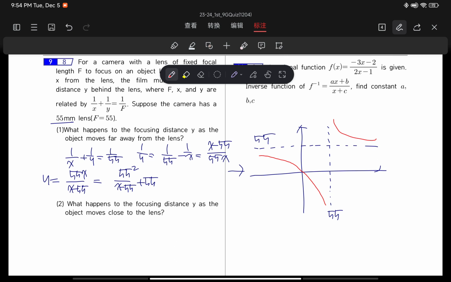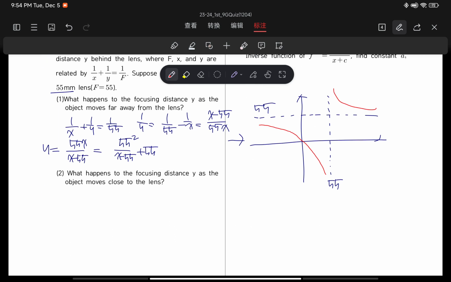So number 1. What happens to the focus distance as the object moves far away from the lens?